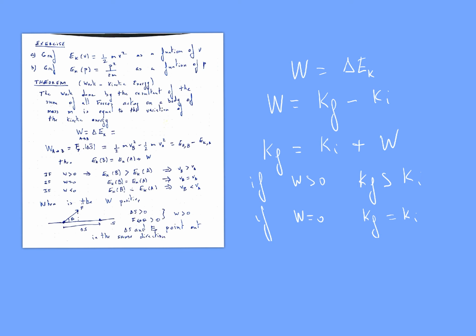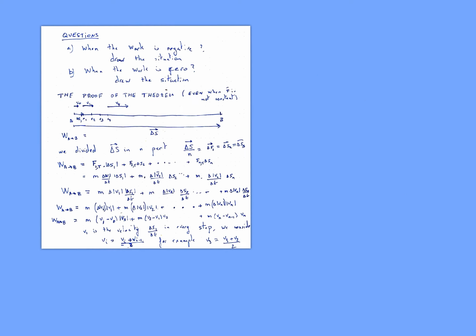If the work is negative, K final is less than K initial. The object loses kinetic energy. Okay, let's go see more things. So this is the proof that the net work is the change in the kinetic energy.